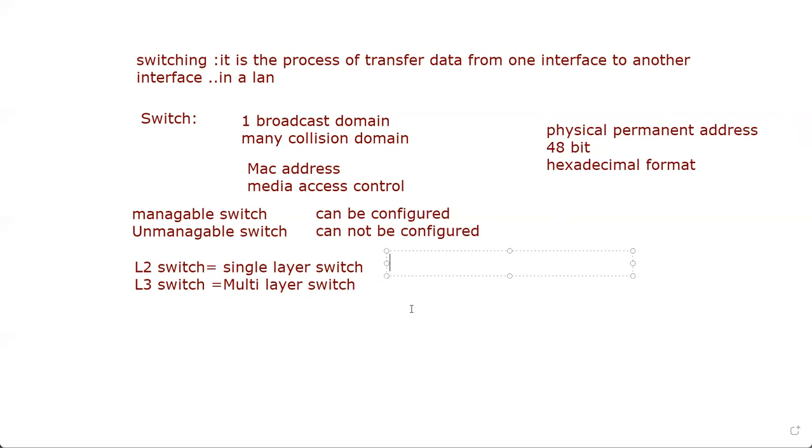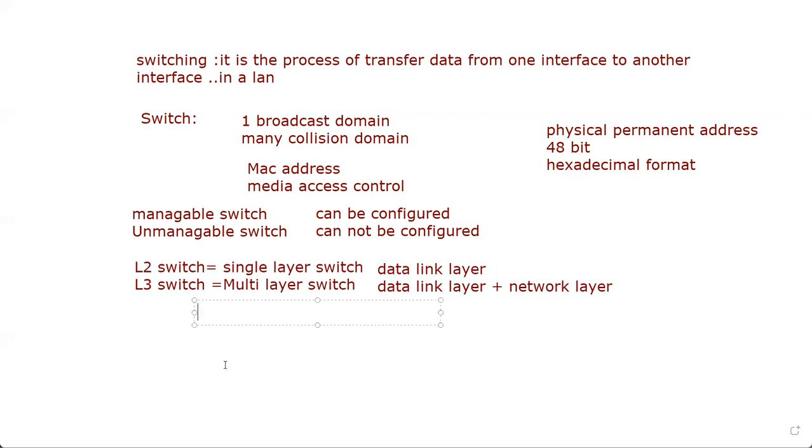Now, what is the difference between a layer 2 switch and a layer 3 switch? A layer 2 switch works only on the data link layer, like a switch only. But a multi-layer switch can work on the data link layer as well as the network layer. If you have seen the OSI model video, then it's very good for you. So a layer 3 switch can work on both layer 2 and layer 3.